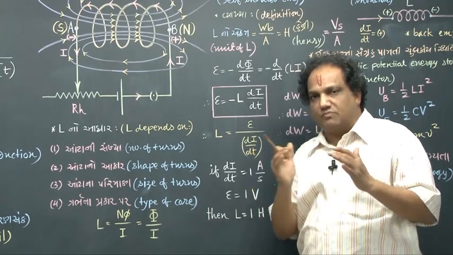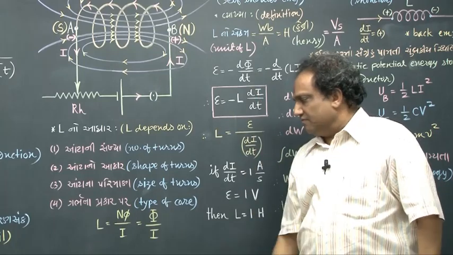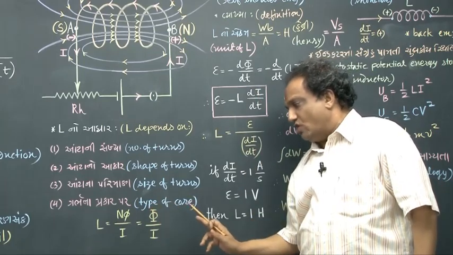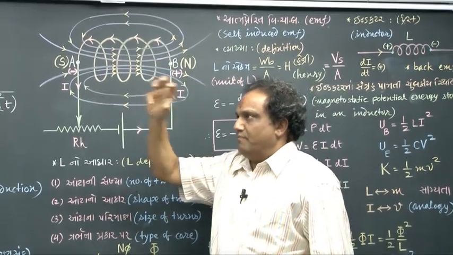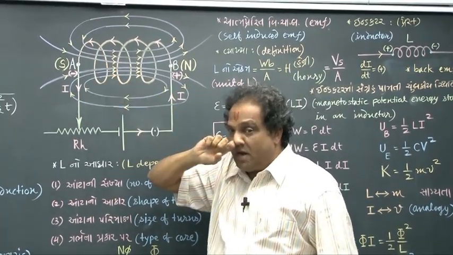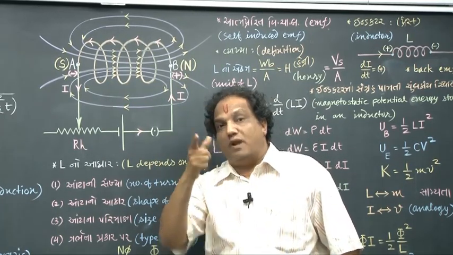How much is the size, small or big? Depending upon that, the value of L will change. And it also depends on the type of core medium. Right now the medium at the center of the coil may be air or vacuum, which has very low permeability.